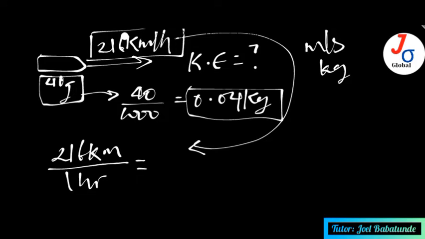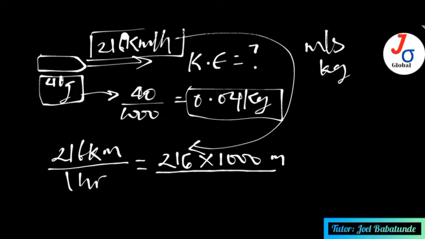And to convert that to meters, we have to multiply by 1000, because kilo is 1000. Then 1 hour, meters per second.